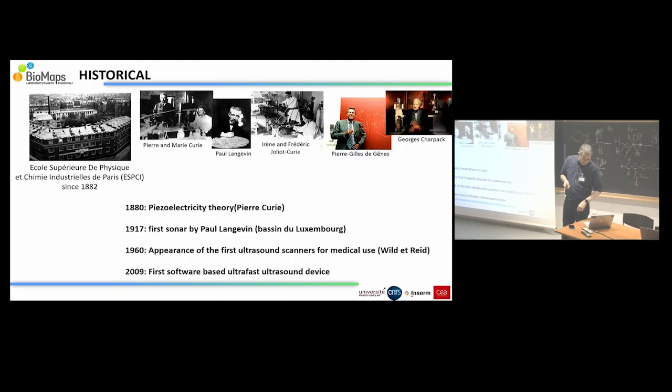So, a little bit of history. Ultrasound imaging started at ESPCI in Paris in 1882, so a long time ago the school was founded, and one of the first great researchers in this school was Pierre Curie. And Pierre Curie developed the piezoelectricity theory, which is the basis of ultrasound imaging.